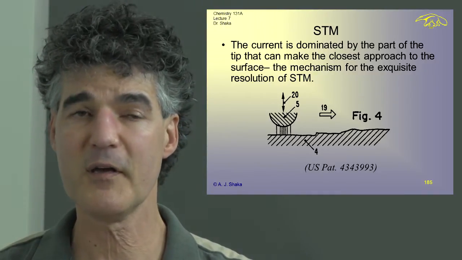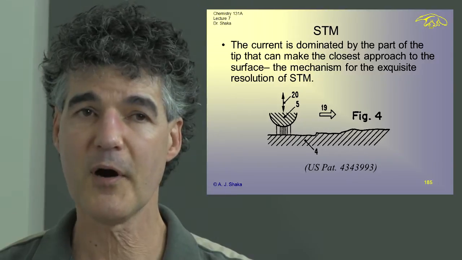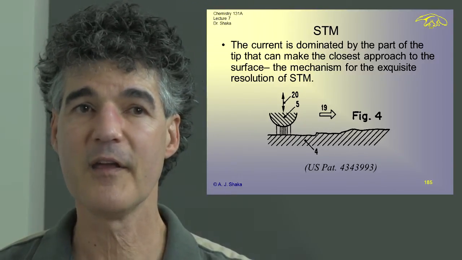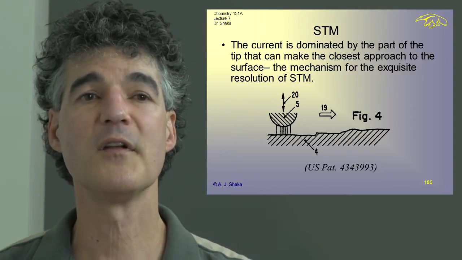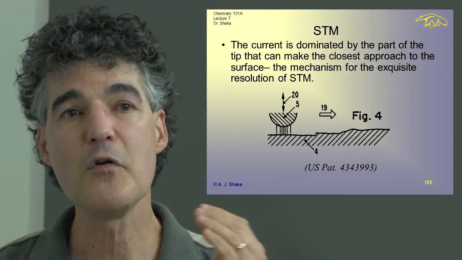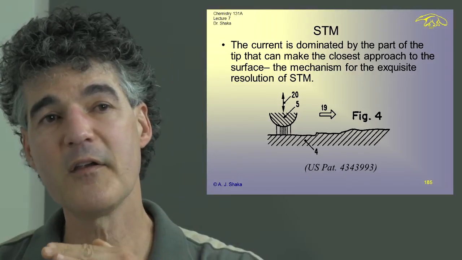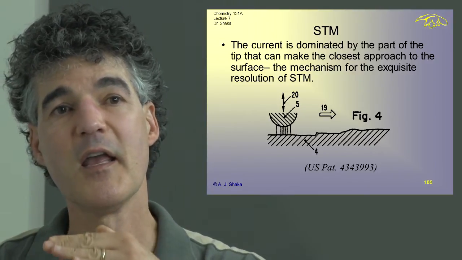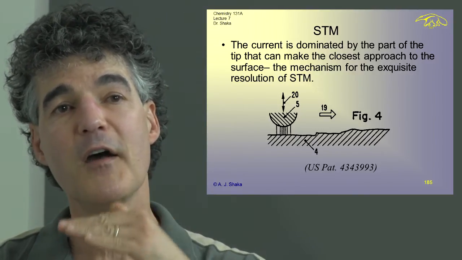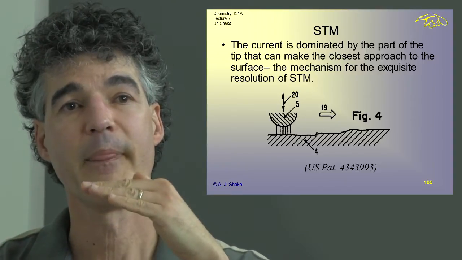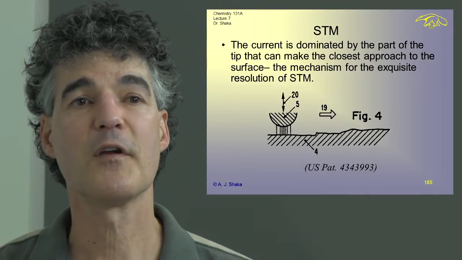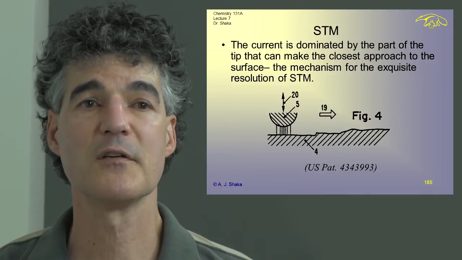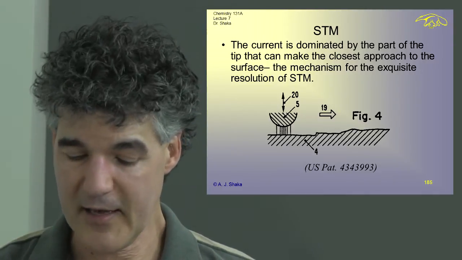So that part of the tip is a super sharp part that's giving all the current, and the other part is giving a little current, which is kind of a noisy background, but it's not a big deal. And then you're going to move the tip along, and you're going to keep the current constant, and by keeping track of how you have to adjust the height of the tip to keep the current constant, you get a picture of the lay of the land.